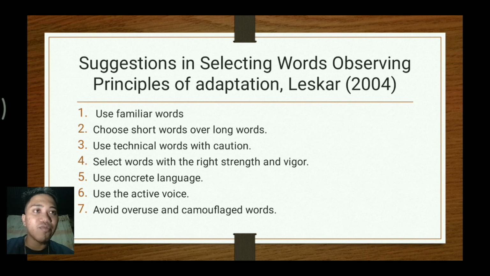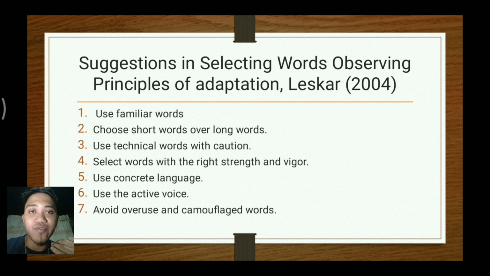Suggestions in selecting words, observing the principle of adaptation, Locker 2004. Take note of these, it is very important. Use familiar words. Choose short words over long words. Use technical words with caution. Select words with the right strength and vigor. Use concrete language.